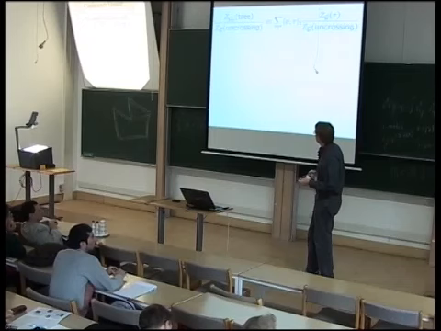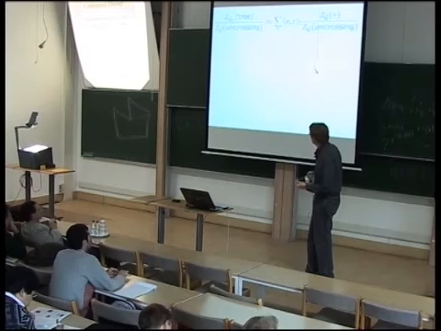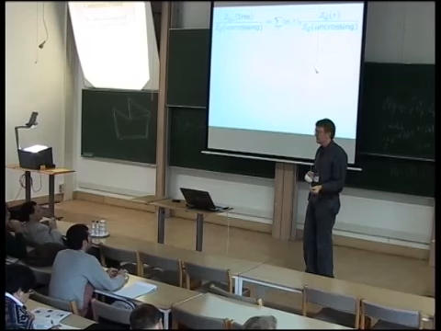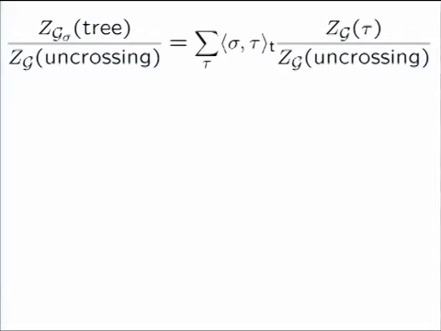So we're going to let G sigma be the graph that you get by gluing the nodes together according to the partition sigma. And so for G sigma, the number of trees we can compute using the matrix tree theorem. You just glue the nodes together, you get a new graph, and use Kirchhoff's matrix tree theorem. Okay, so if you look at Z of G sigma of the uncrossing, this is precisely the same as Z of G of the uncrossing.